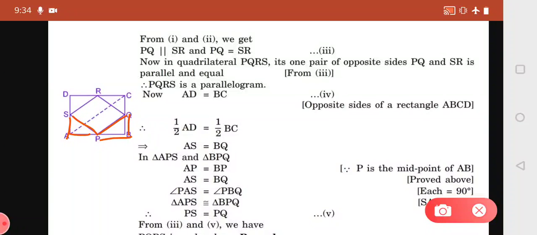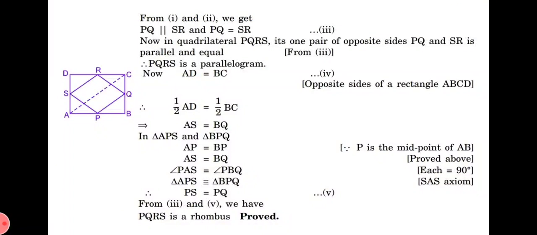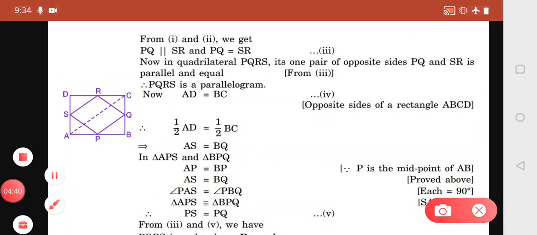We have proved above. And angle PAS equal to angle PBQ, since both are 90 degrees, as all the angles of a rectangle are 90 degrees. Therefore, triangle APS is congruent to triangle BPQ by SAS congruence rule. Therefore, PS equal to PQ. Let it be number 4.